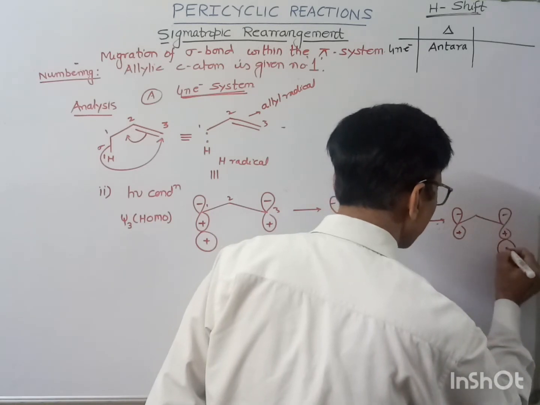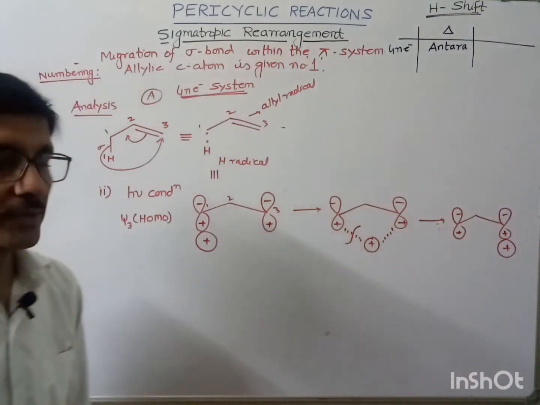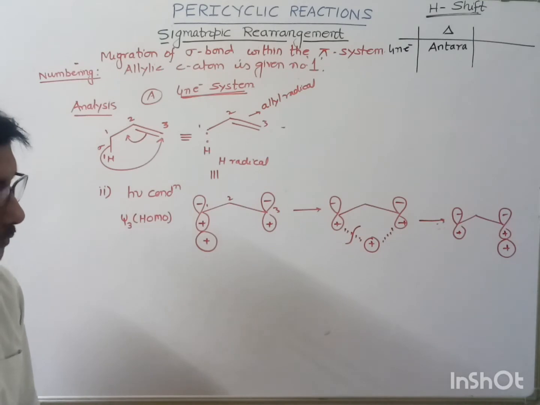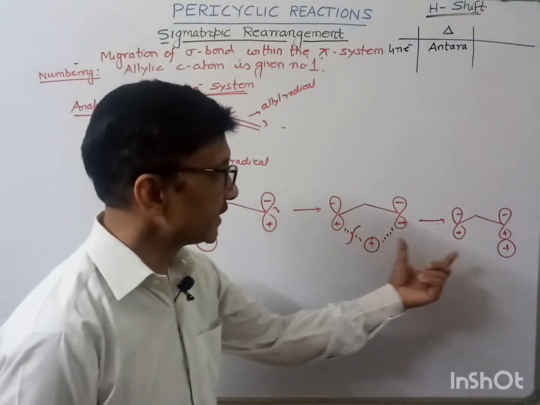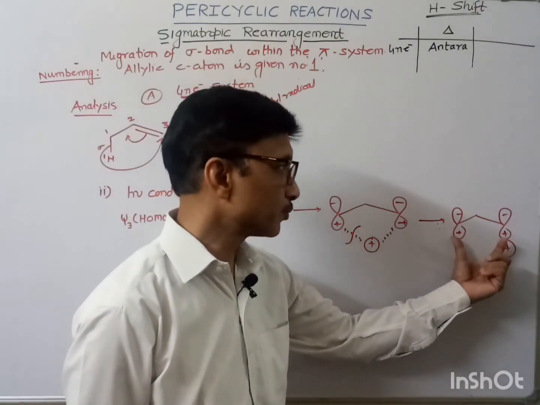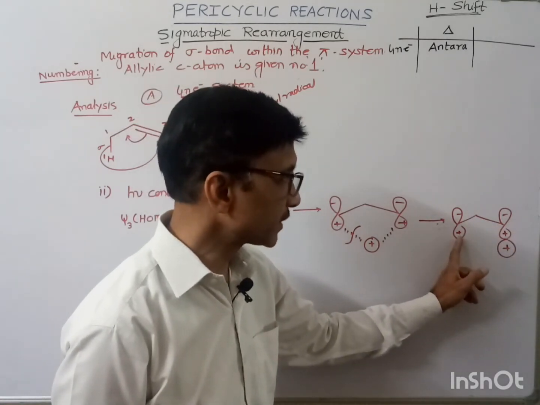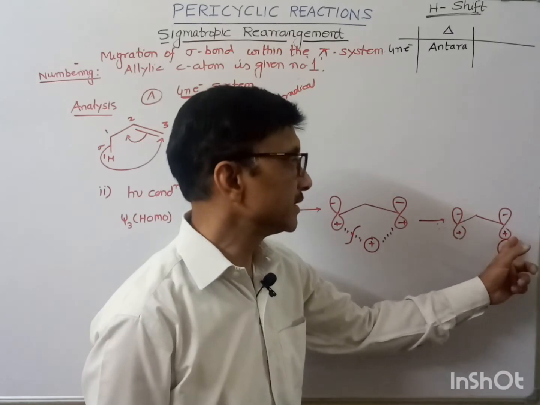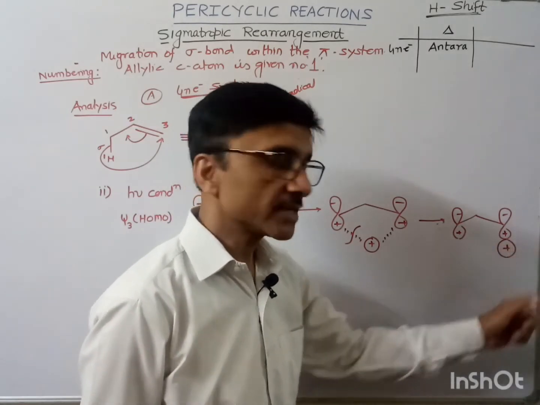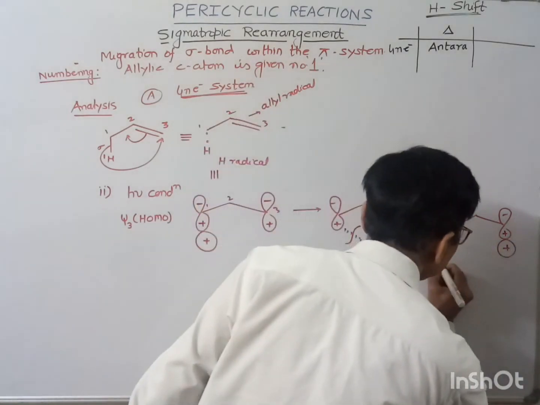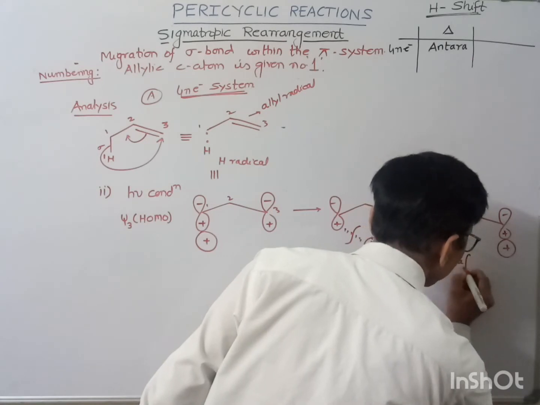This is migrated like this. So the migration is taking place in a suprafacial manner, from the same side. It migrates from this side and is attached to the same side. So that's why it is suprafacial migration.